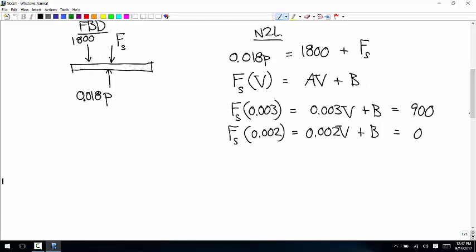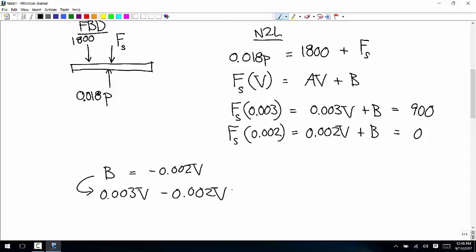And now we have a system of two equations for two variables. So B is equal to negative 0.002 V. Plug that into the first equation, you get 0.003 V minus 0.002 V is equal to 900.